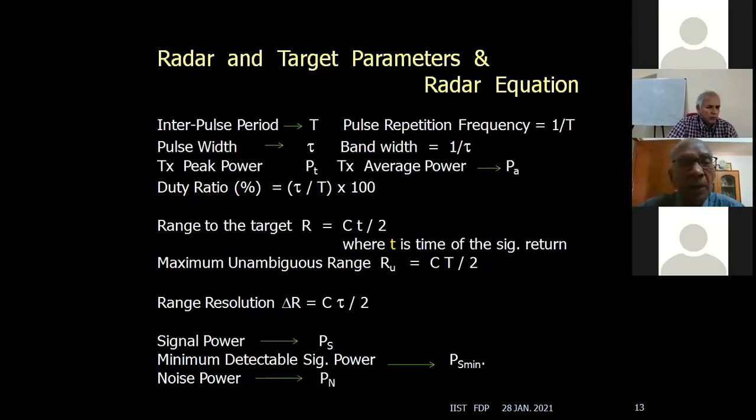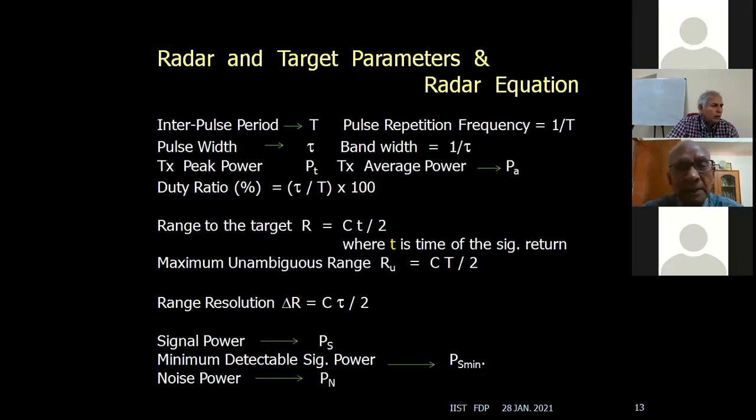The peak power of the RF signal is PT, and the duty cycle is the pulse width divided by the interpulse period, multiplied by 100, which is the duty ratio in percentage. The duty ratio multiplied by the peak power gives the average power of the transmitter.